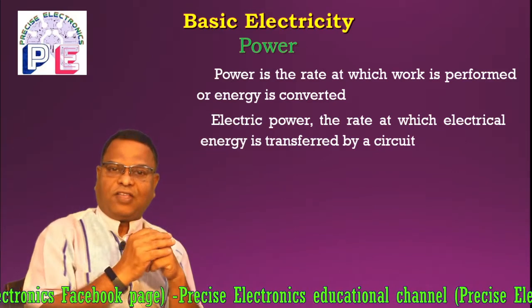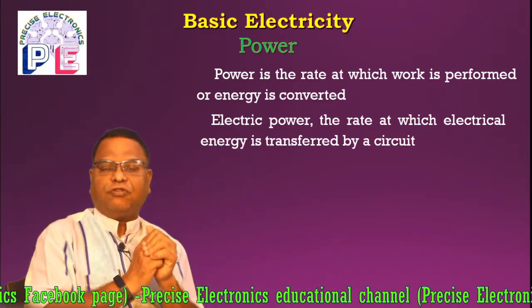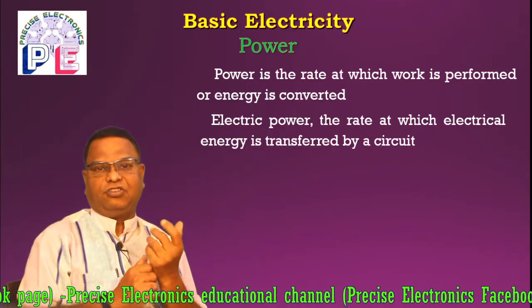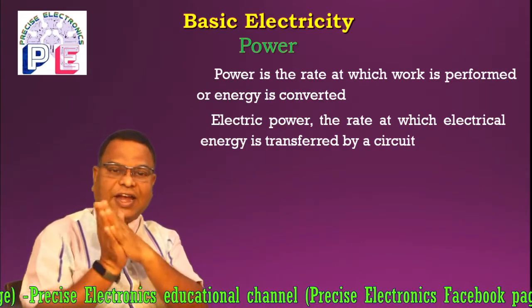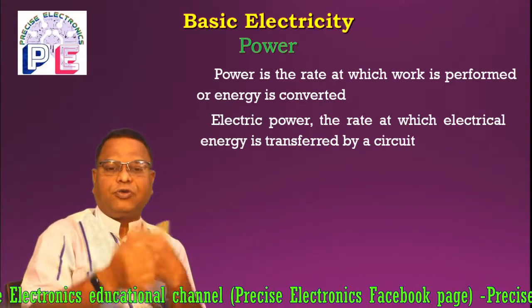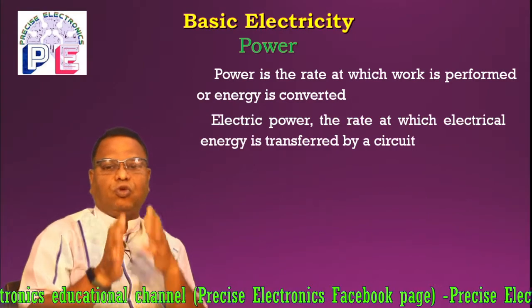In the case of fans, when we switch on the fan, the electric energy is converted to kinetic energy. So the rate at which that electric energy is transferred or converted by the circuit is known as power.